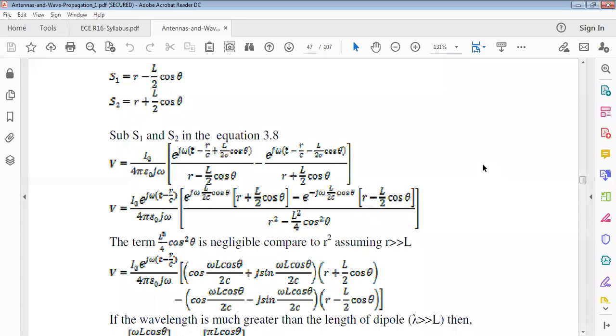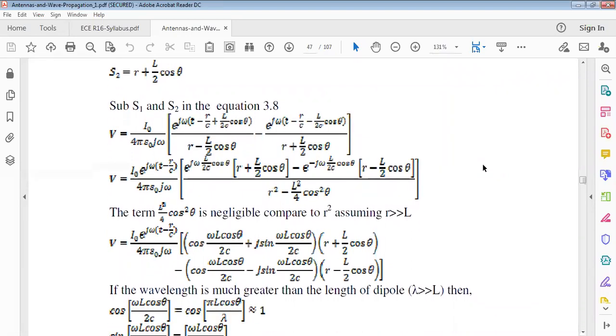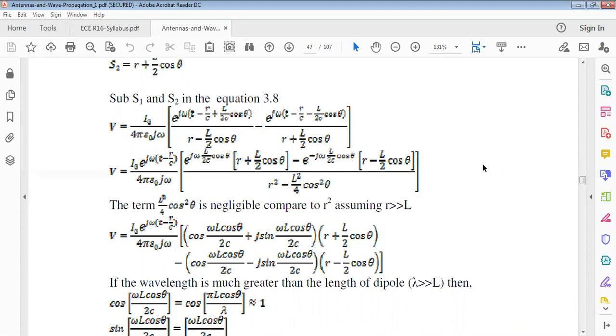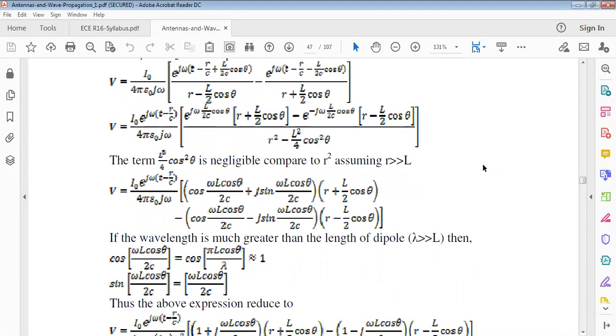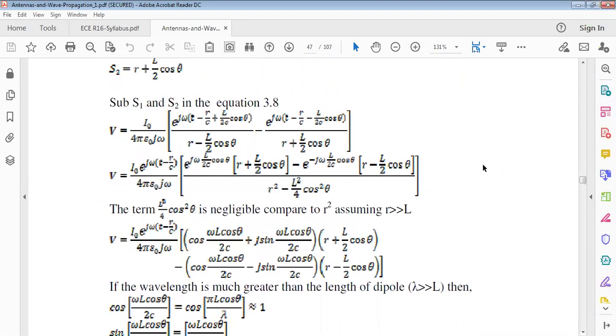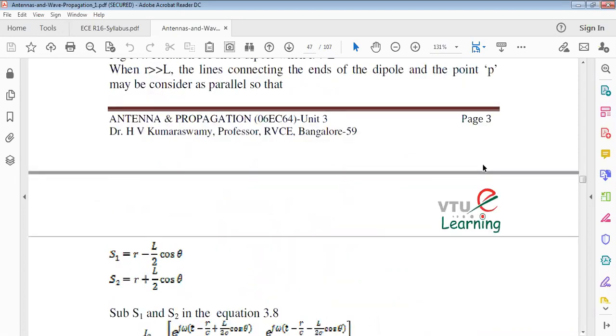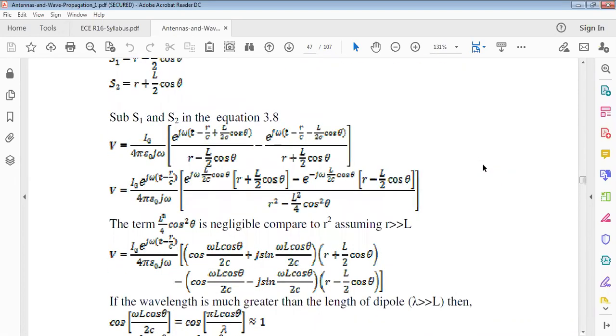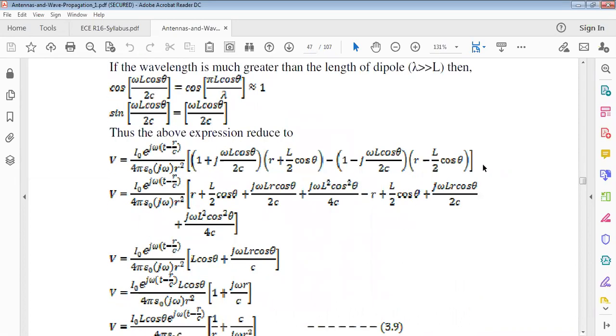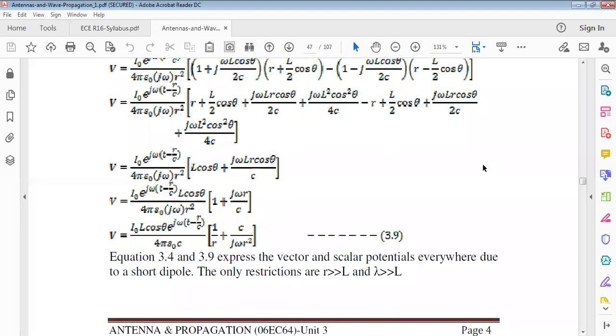In the notes I send, I clearly define and mention each and every step. If we follow it in a systematic way, then it is very easy. The ultimate goal of this derivation is to find those field components ER, E theta, E phi and HR, H theta, H phi.